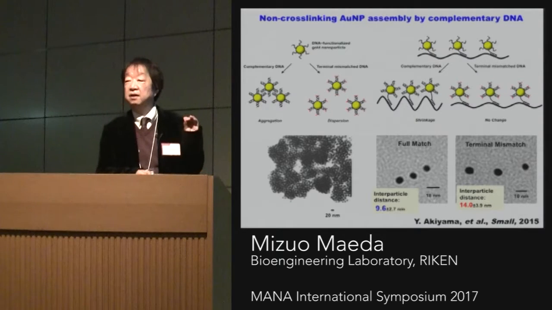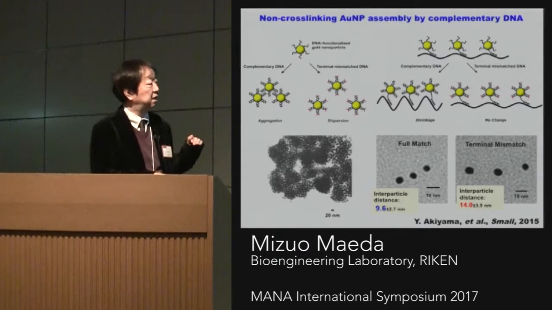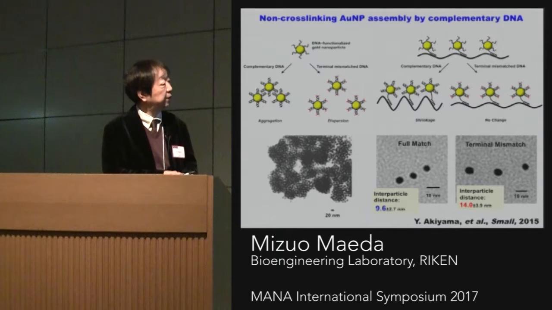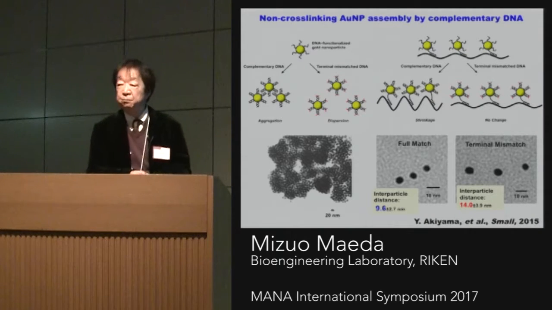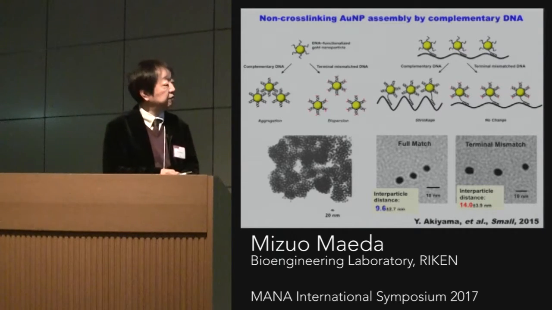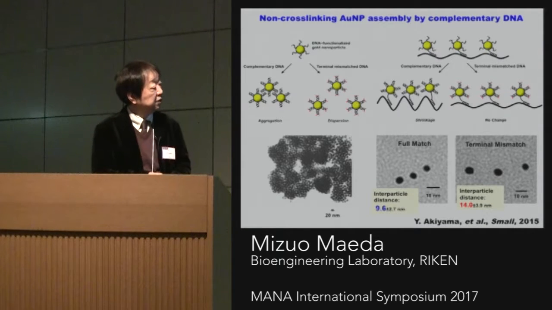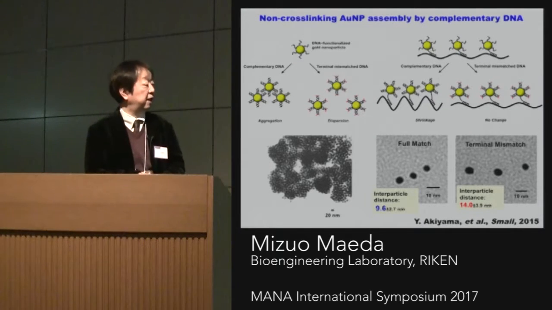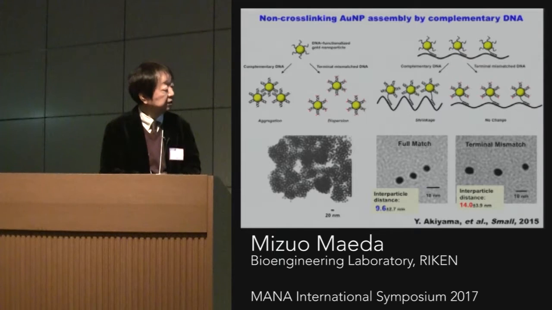So we are interested in a bit more sophisticated structure, and we prepared a relatively simple one, 3 nanoparticles on 1 template DNA. And in this case, we can also see shrinkage for complementary DNA, and no change was observed for terminally mismatched DNA. This is one of the results.